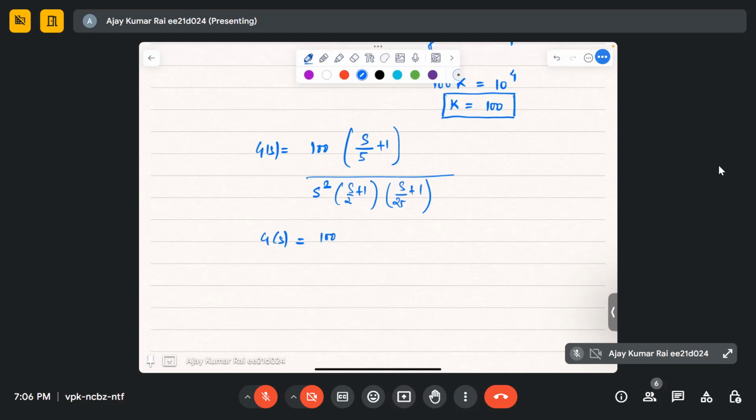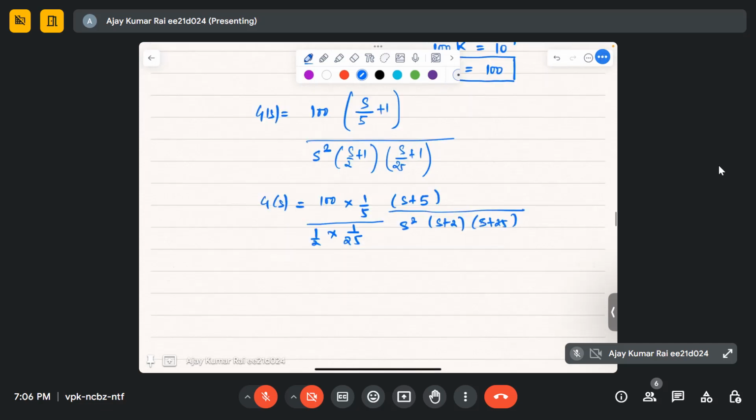So we'll get 1 by 5, so this is s plus 5. We'll get s squared, s plus 2, and s plus 25, which is 1 by 2 into 1 by 25 you'll get.